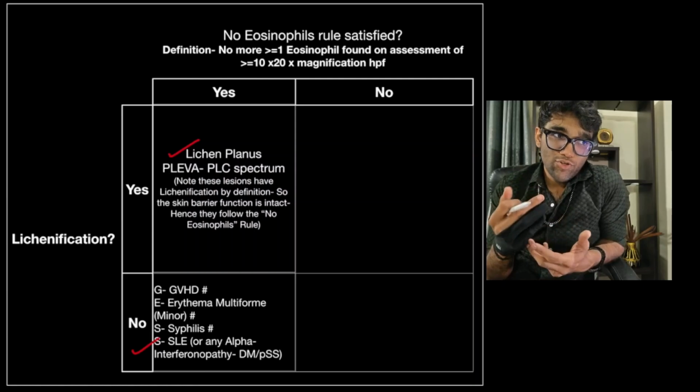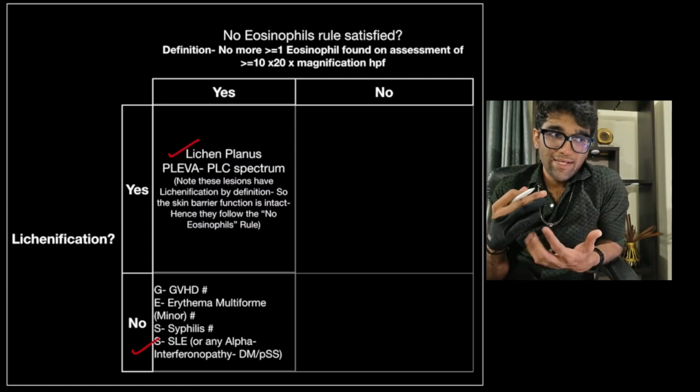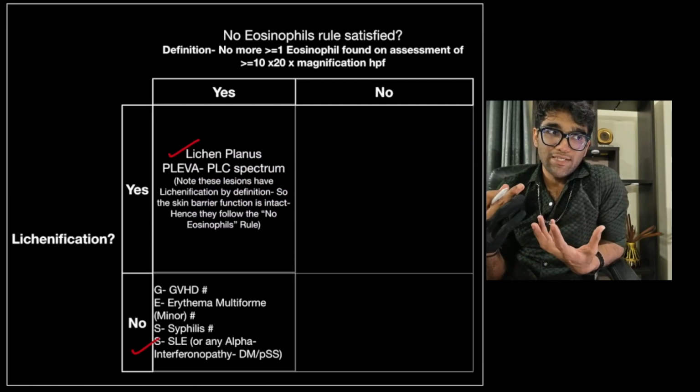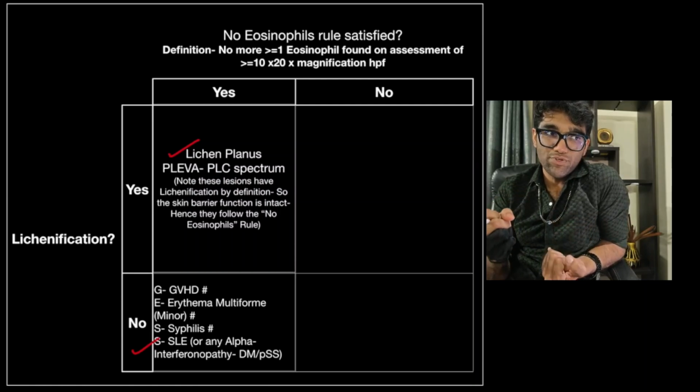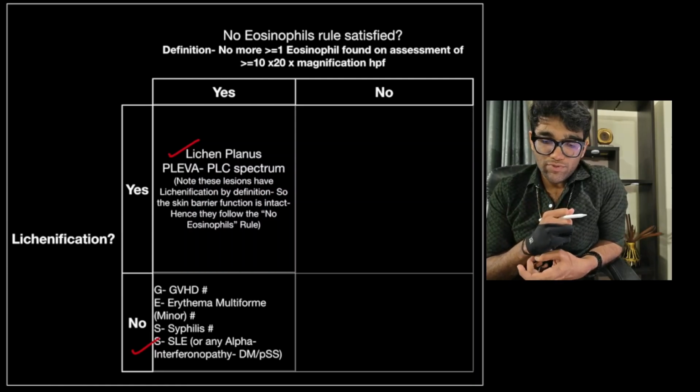But because the already synthesized skin is relatively intact, and there is slow differentiation but not actually significant disruption of the skin barrier function, you still have preservation of the no-eosinophils rule.